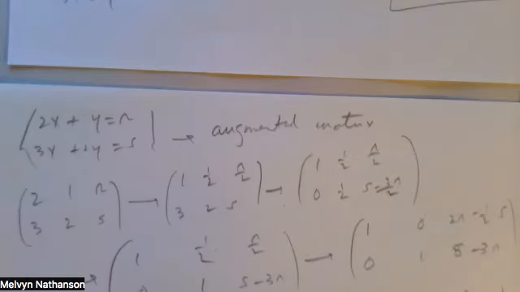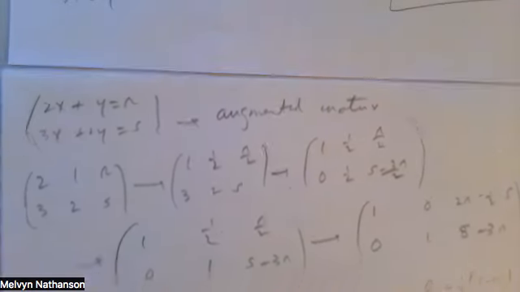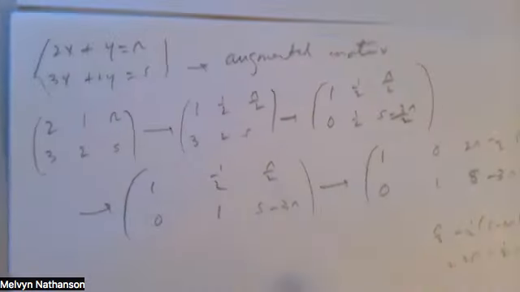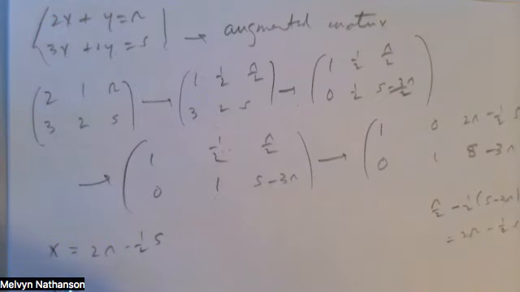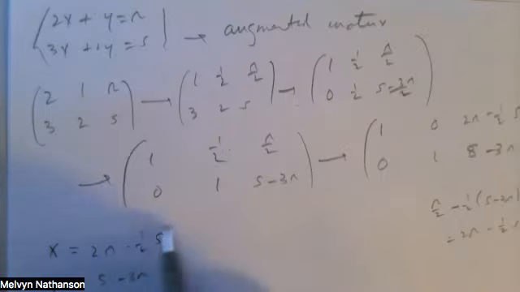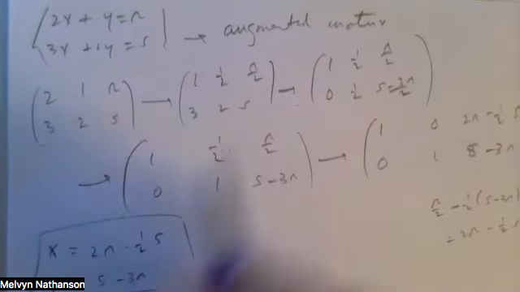So this says the solution of these two equations and two unknowns is x equals 2R minus a half S and y equals S minus 3R. So let's just check.